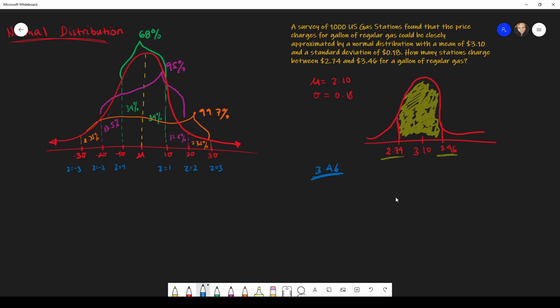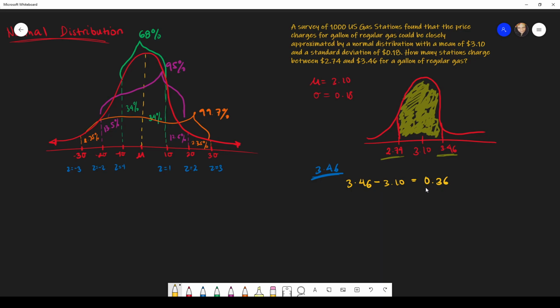To find that out, I first have to find the difference between 3.46 and 3.10, which is the mean. So that would be 3.46 minus 3.10, which gives me a value of 0.36. That's the difference between your mean and that x value of 3.46.